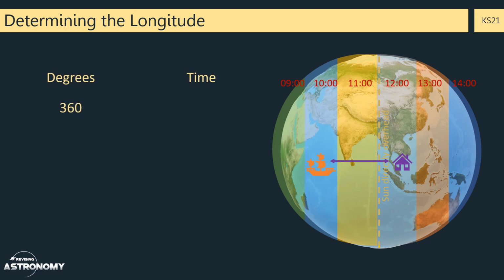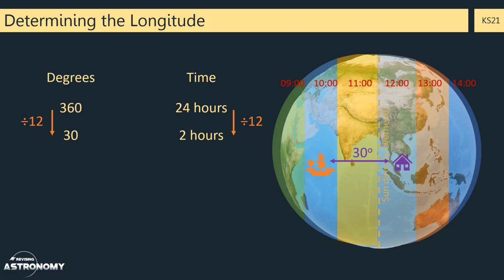And we know that the Earth rotates through this amount in 24 hours. So if they are 2 hours different in time, then the Earth has rotated 1/12 of the way through a full spin. Dividing one side by 12 and then the other, a 12th of 360 degrees is 30. So you know that you are 30 degrees away from them in longitude.